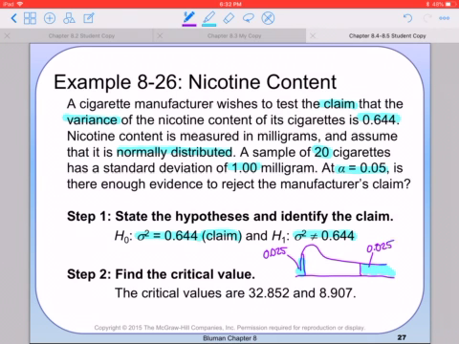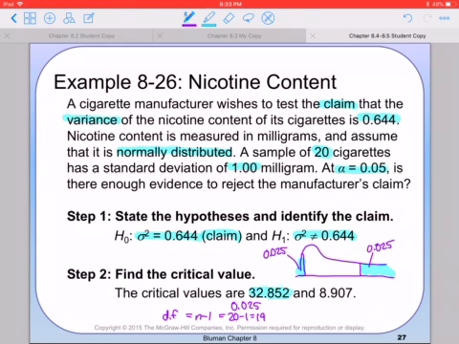And remember, the chi-square gives you the area on the right. So when you look up your area of 0.025 and your degrees of freedom, which is 20 minus 1, because we had 20 samples, so that's n minus 1, which equals your degrees of freedom. That's going to give you 19.